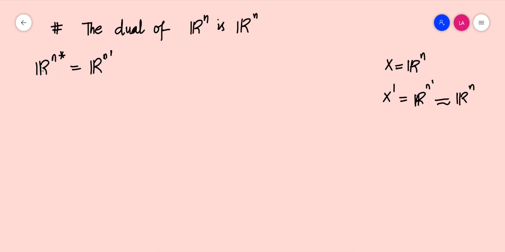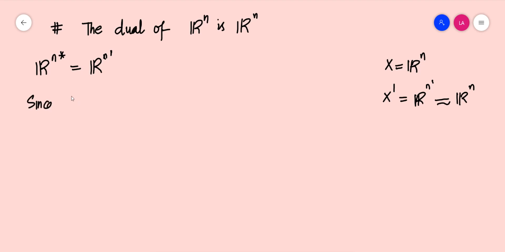Rn dash should be equal to Rn star, meaning every linear functional defined on Rn is always bounded. This is true since we have already proved that every linear operator defined on a finite dimensional space is bounded.